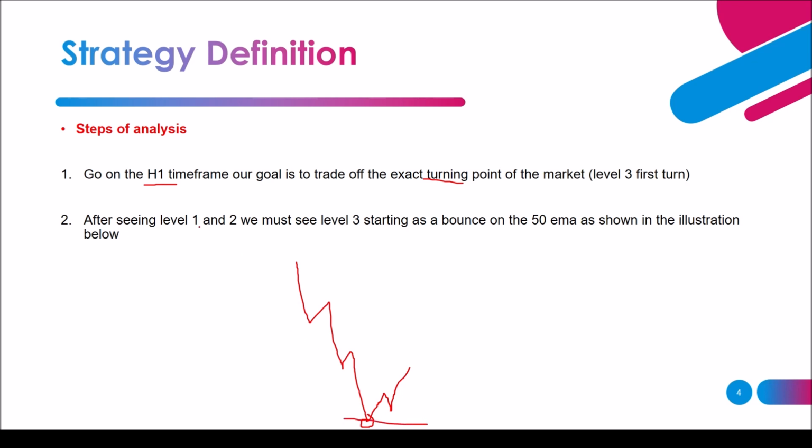So after seeing level 1 and 2, we must see level 3 starting as a bounce on the 50 EMA, as shown in the next slide. What we are saying in short is that within this cycle, we need to see 2 bounces on the 50 EMA, a bounce at that point, another bounce at that point. The second bounce will give us a reason to call it level 3, or it will prepare us that the market is now flowing in level 3.